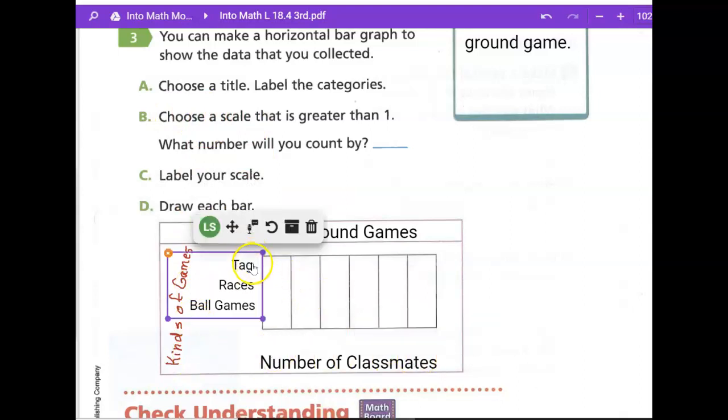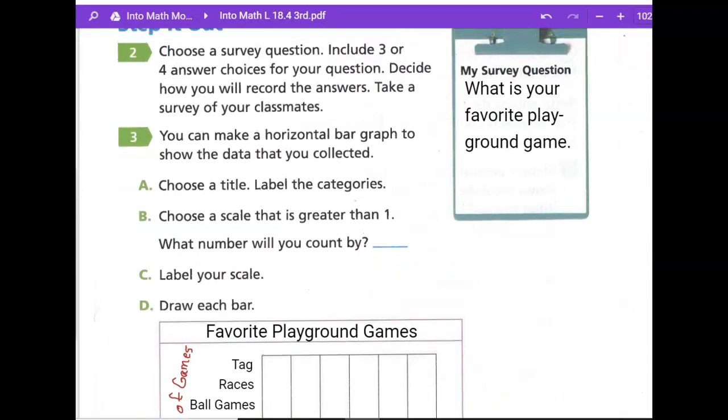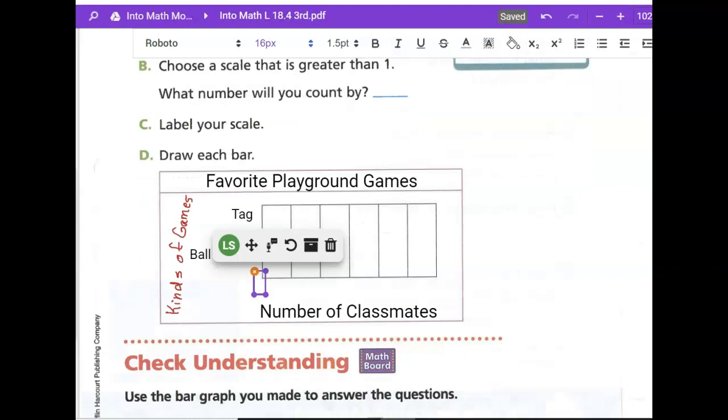Then I chose a scale. Whoops, I didn't choose a scale. I put my numbers. The scale is going to go here along the bottom this time since we're doing a horizontal graph. For a scale, it says choose any scale larger than 1.